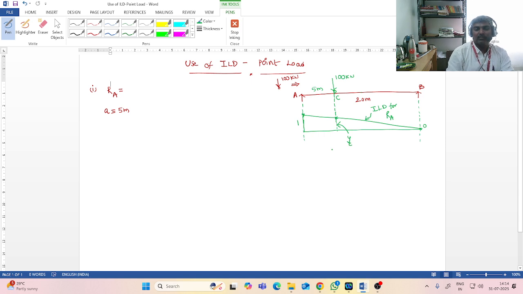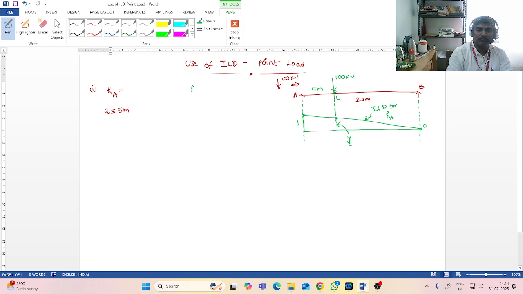How do you find YC? It's by simple similar triangle formulation. When you look at the two triangles, one bigger triangle and one smaller triangle here, two similar triangles, we'll work that out.